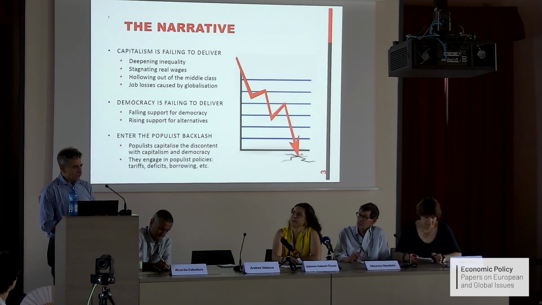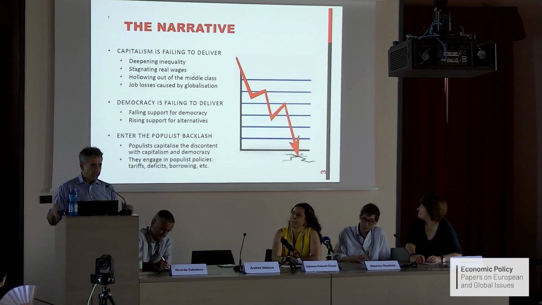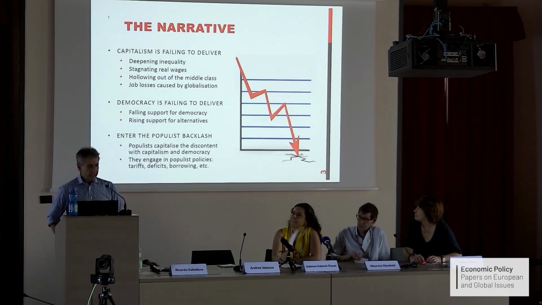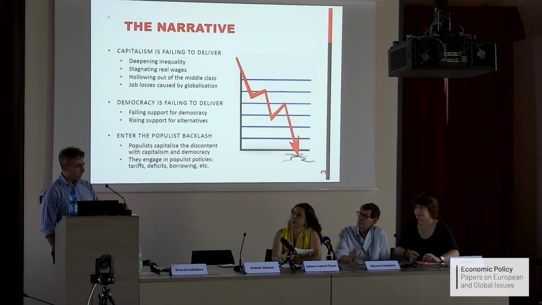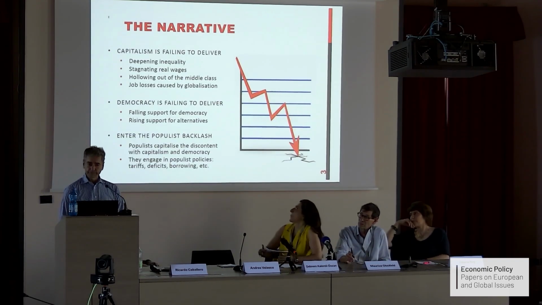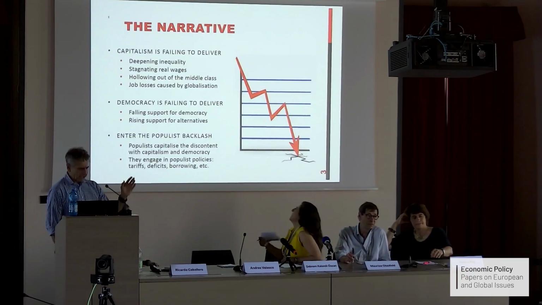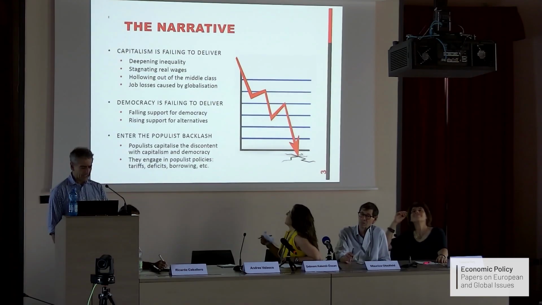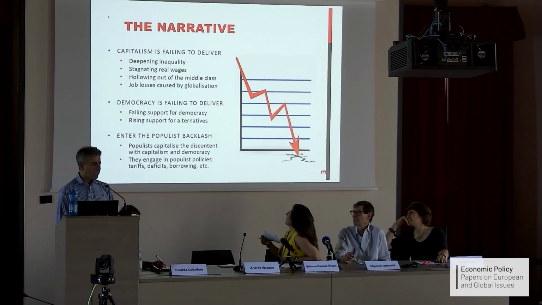the narrative which is very much out there, including at economics conferences, is that populism is really connected to economic failure. Whether it's inequality, real wages, hollowing out of the middle class, job losses, etc., people are upset.